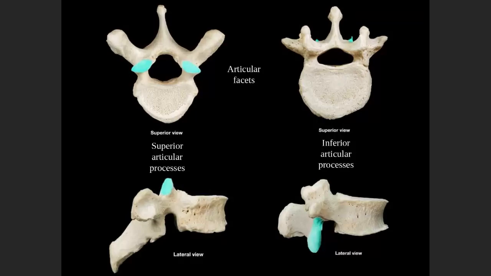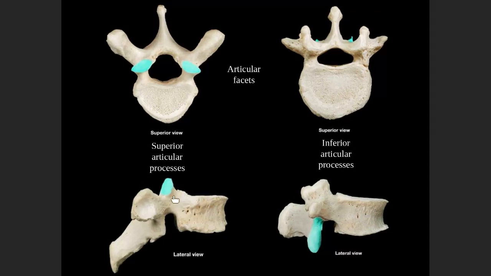All right, so the process is the bony projection. The facet is the flat surface on that bony projection, like your fingernail on your finger is the facet, and the finger is the process. Okay, so we're going to go and look at some of these. What this slide is showing us, let's come down to the bottom view first.